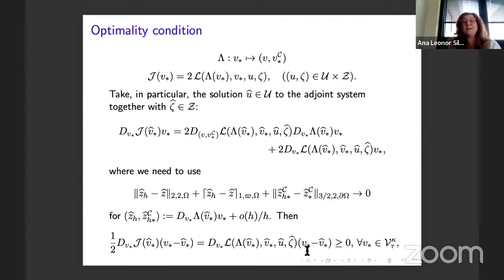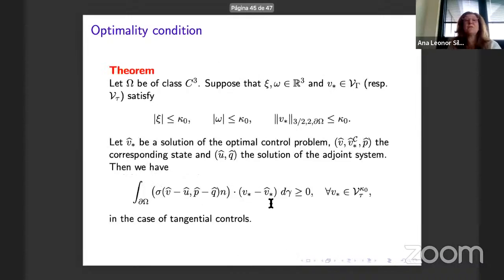And what we find in terms of the first order optimality condition in the case of tangential controls is this condition here, so a characterization of our optimal controls.